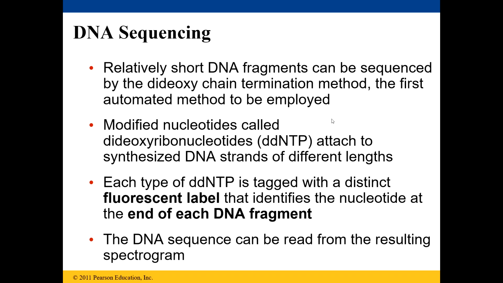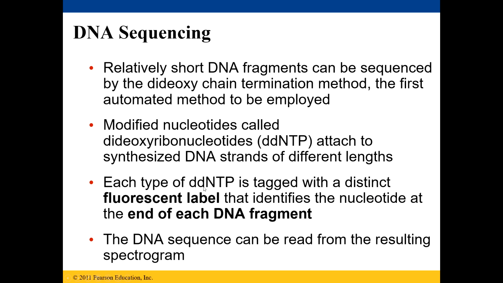And it's an automated method where modified nucleotides called dideoxyribonucleotides, or ddNTPs, attached to synthesized DNA strands of different lengths, and each one of these is tagged with a distinct fluorescently labeled marker that identifies the nucleotide at the end of each DNA fragment.